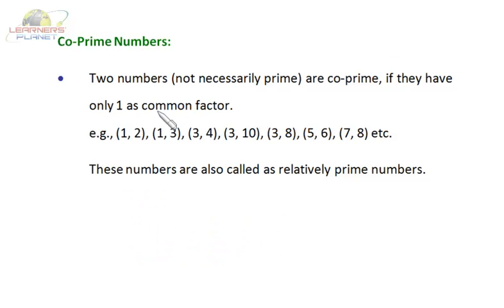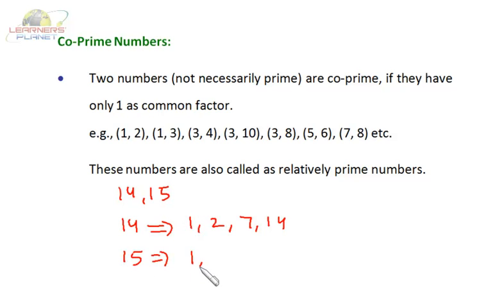Suppose I have numbers 14 and 15. Now I just write down the factors of 14. It's 1, 2, 7 and 14. Okay, now I just write down the factors of 15. It's 1, 3, 5 and 15.